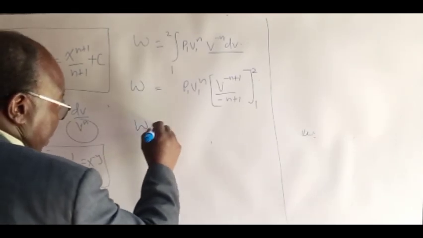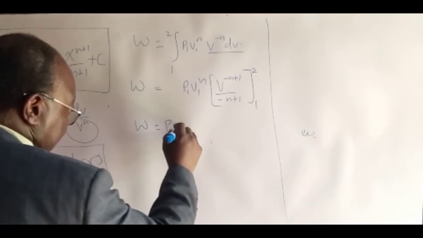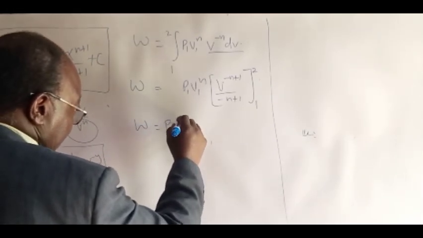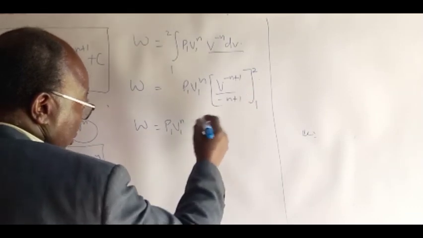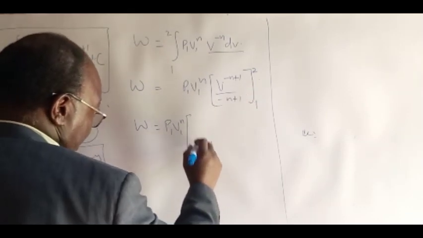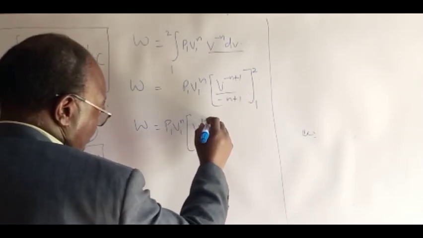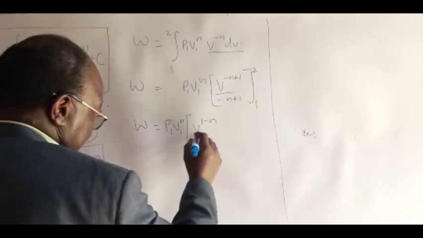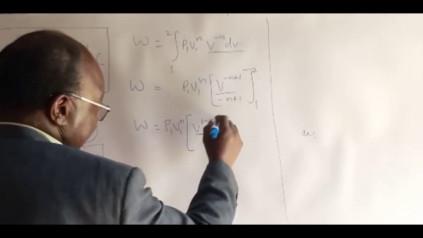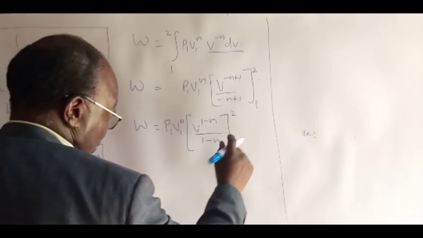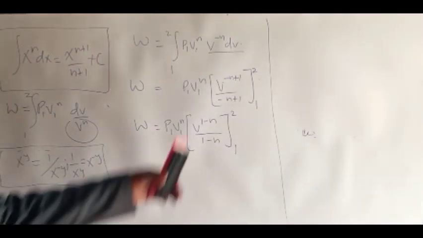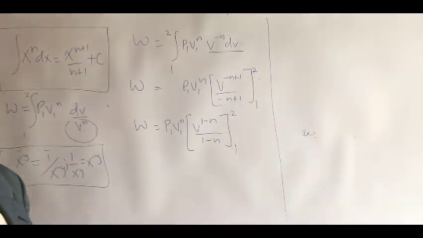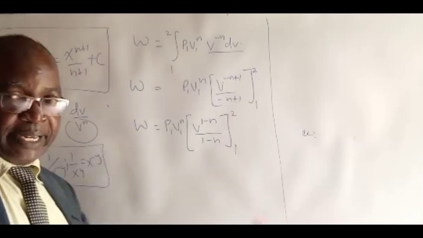So W is P1 V1^n, and what do we have here? We have V^(1-n) over 1 minus n, state 1 to state 2. Let's make it more comfortable, it's more comfortable than talking about minus n plus 1. So just 1 minus n.